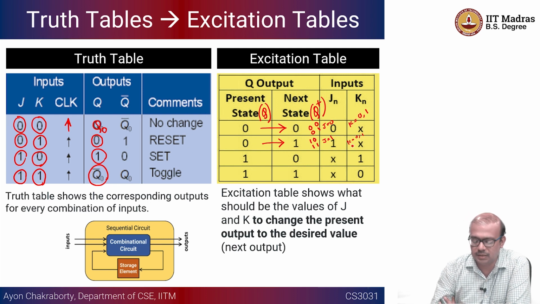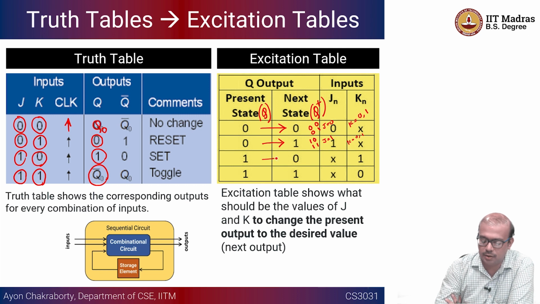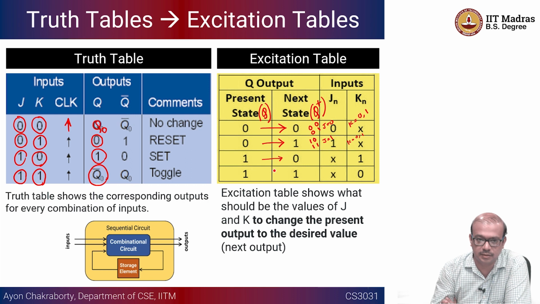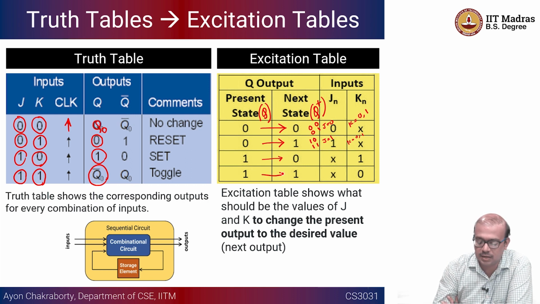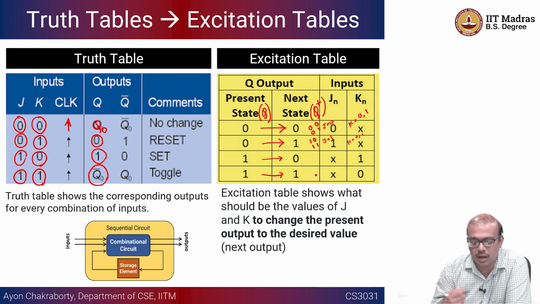Similarly, you can also try out 1 to 0, which could be looked at as a toggle or a reset. And this could be looked at as a set or a memory hold. 1 to 1 means you could be trying to set the circuit.